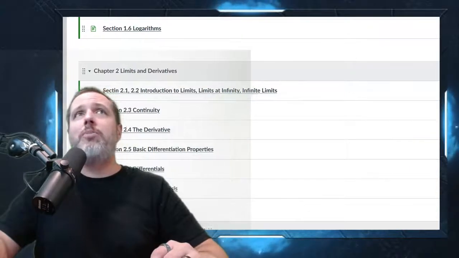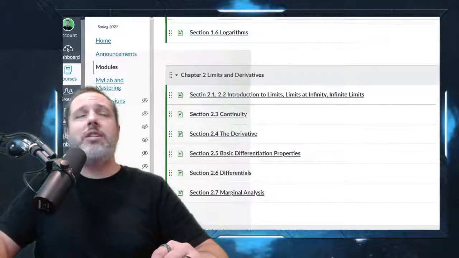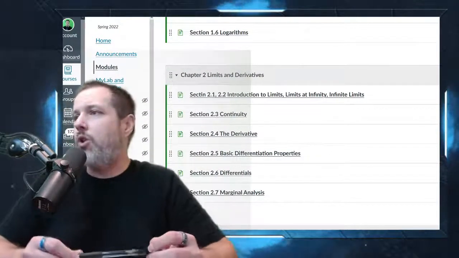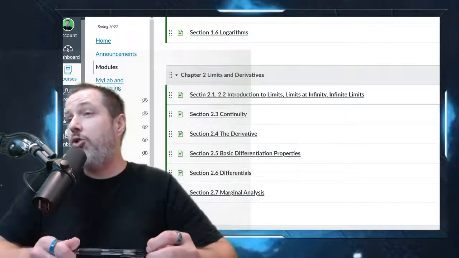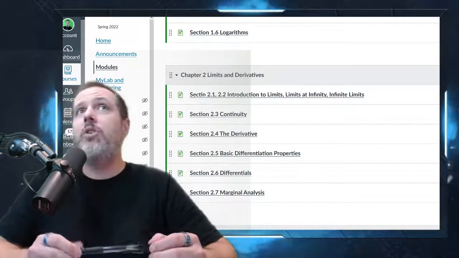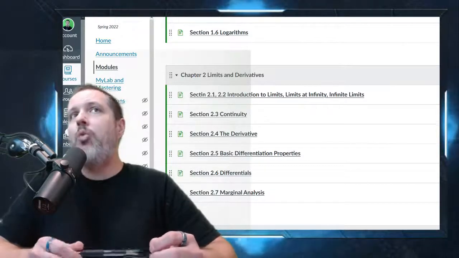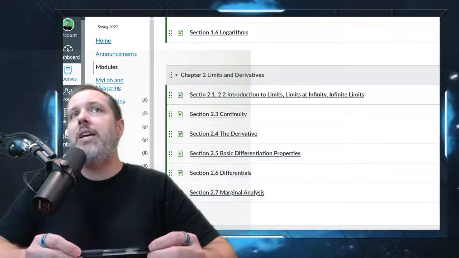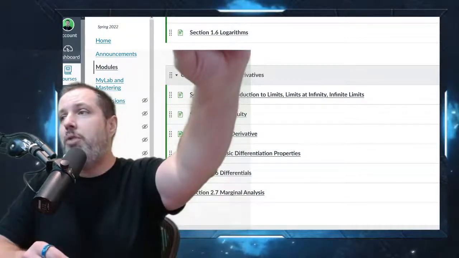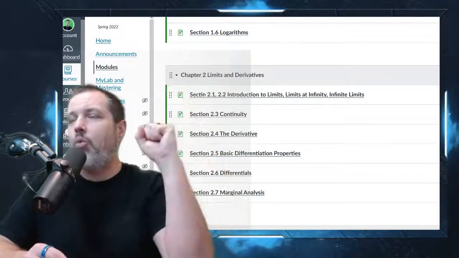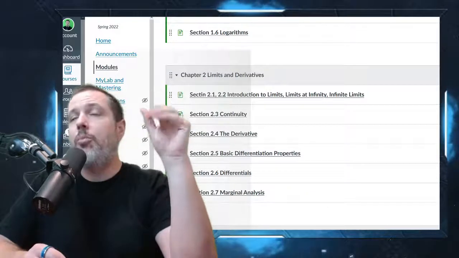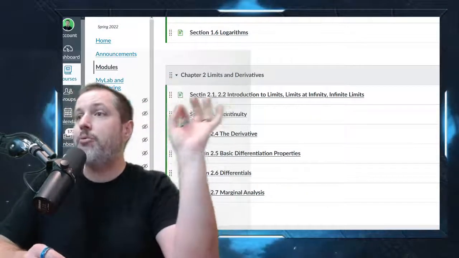With that said, this chapter is a little bit unique for this test, because chapter 1 was all review. So theoretically, you learned it all before you got here. When I create the test, I will not be pulling problems specifically from chapter 1. The problems on this test will come from chapter 2.